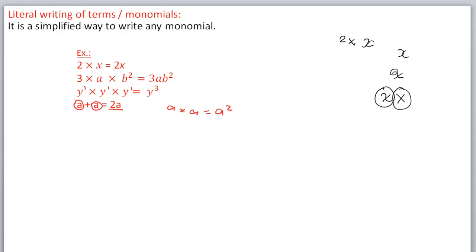Anyway, so a times a is a squared, but a plus a is 2a. You could write it as a note here, x times x. You could also write the times sign very small, but just like times. Okay, x times x equal x squared, but x plus x equal 2x.